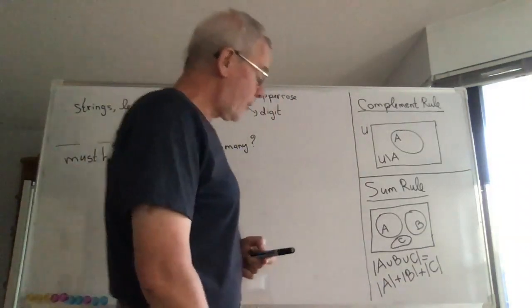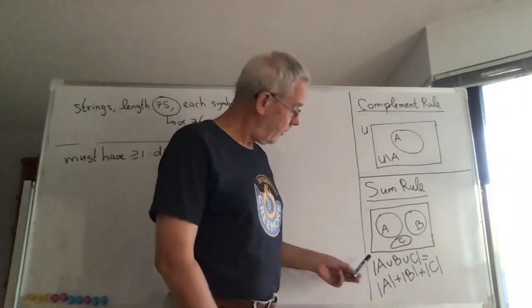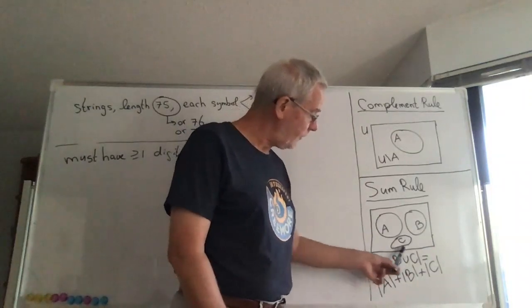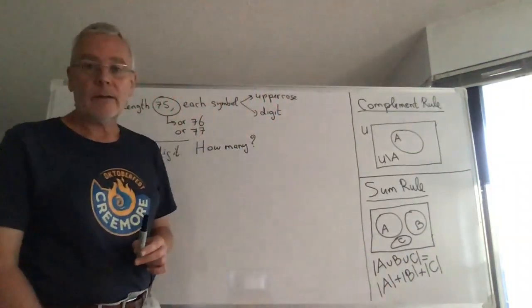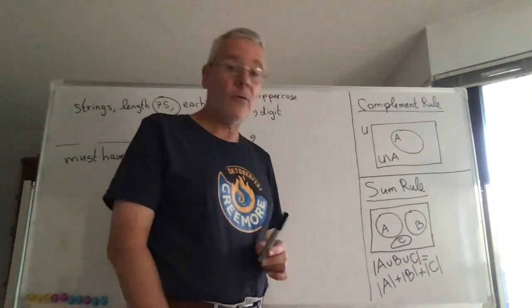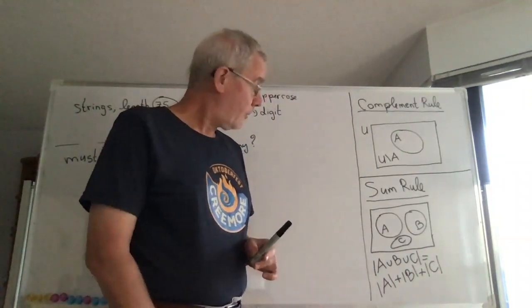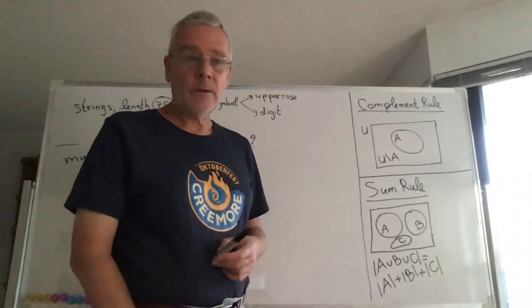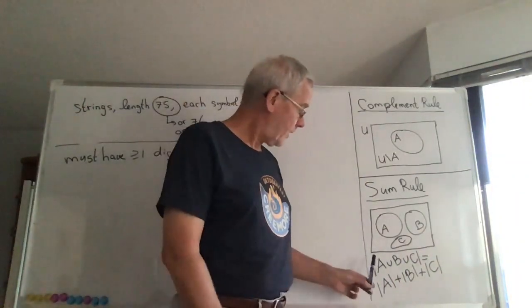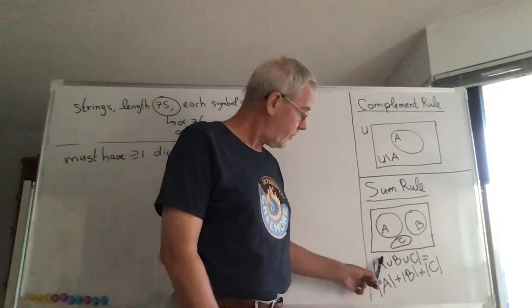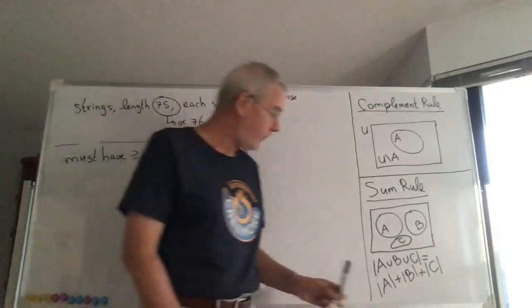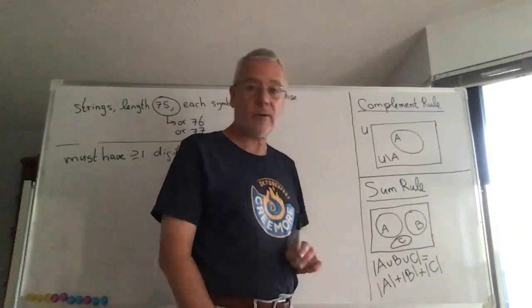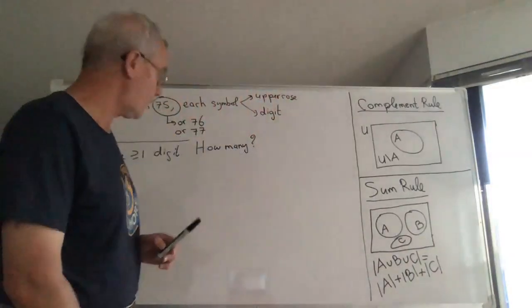Okay, so this sum rule you typically apply if you want to count the number of elements in a set, and you can divide this set into a number of pairwise disjoint subsets. So we divide the union into three pieces, and for every piece it is easy to count, or we already know how to count it.